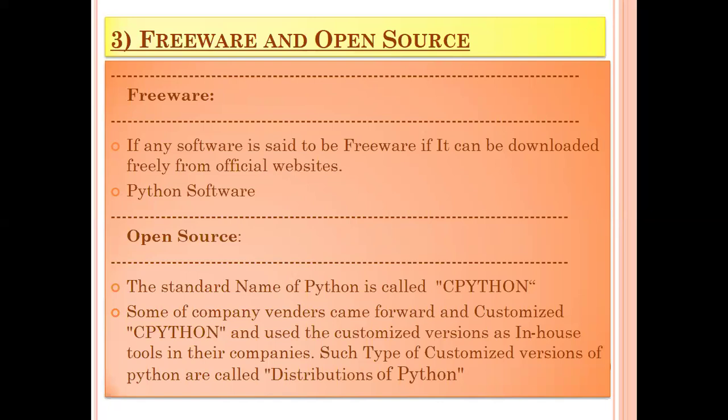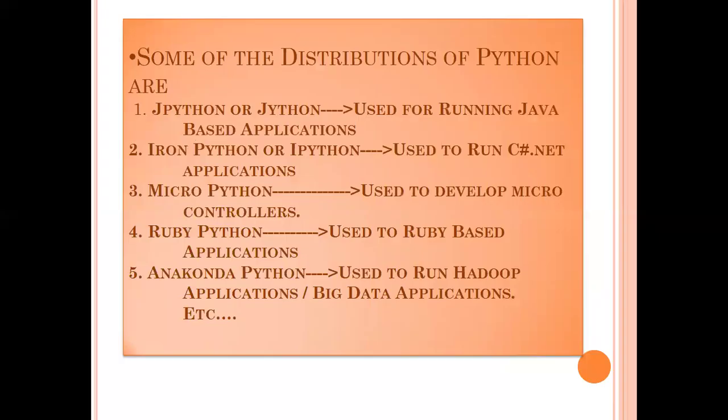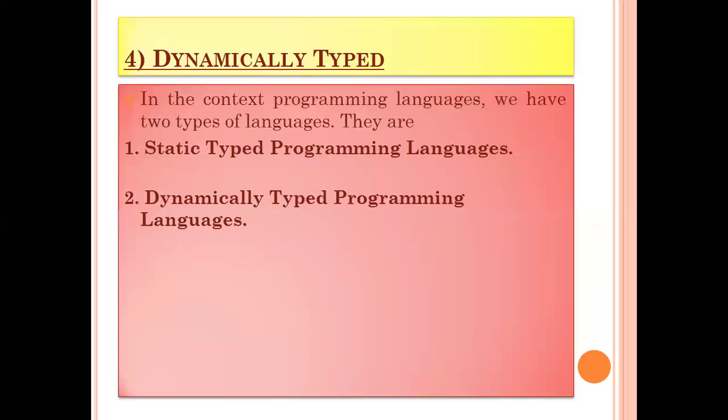Such customized versions of Python are called the distributions of Python, like JPython used for running Java-based applications, IronPython used for running C#.NET applications, MicroPython used to develop microcontrollers, RubyPython used to run Ruby-based applications, and Anaconda Python, which is used to run Hadoop applications. Hadoop means big data applications.